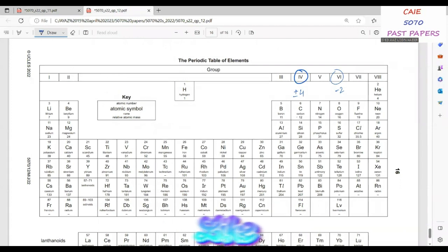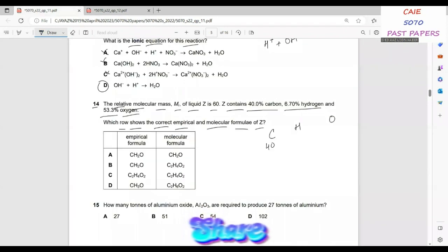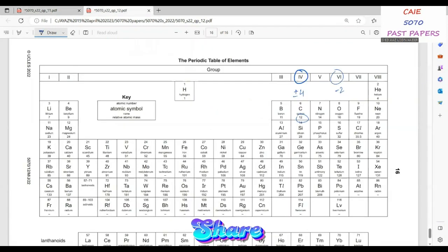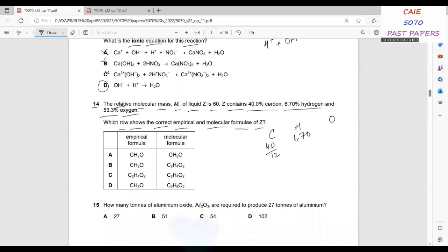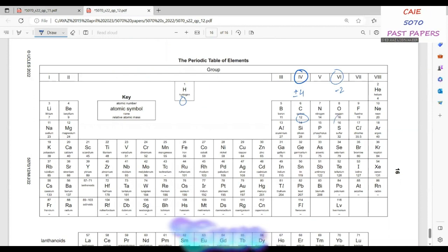40 by 12 for carbon atom. What about hydrogen? 6.70%. Ar of hydrogen is 1. So we will divide 6.70 by 1. Oxygen, 53.3%. What about the Ar of oxygen? It is 16.